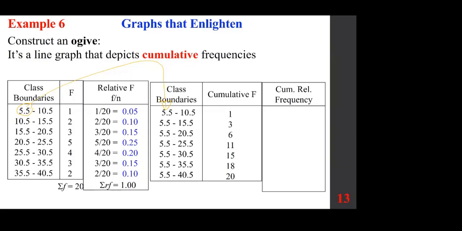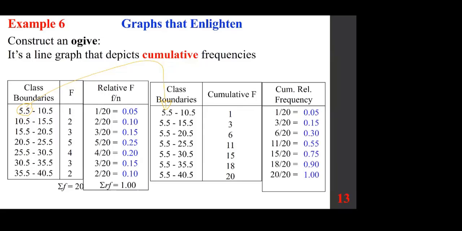But remember what we had. We were supposed to do this for the relative frequency, and therefore we are going to divide this again by n. And the last one, it's extremely important to remember, is always 1 or 100%.